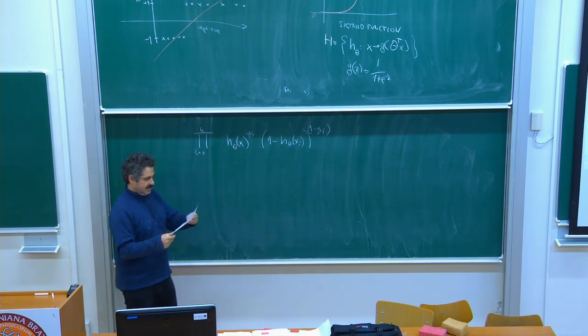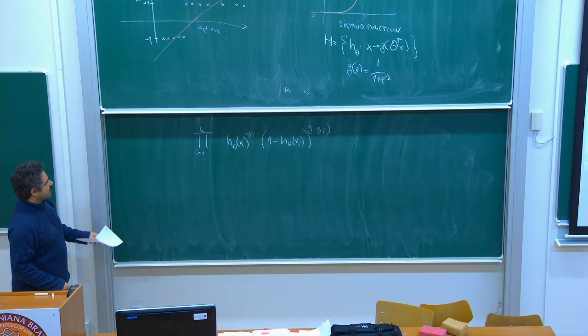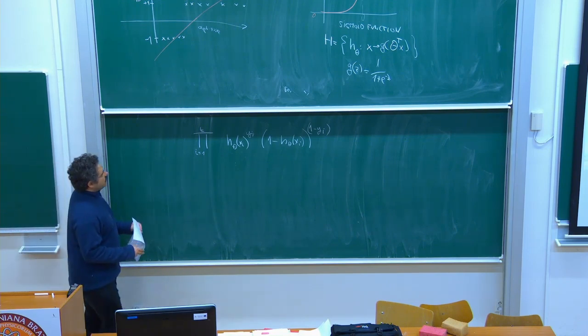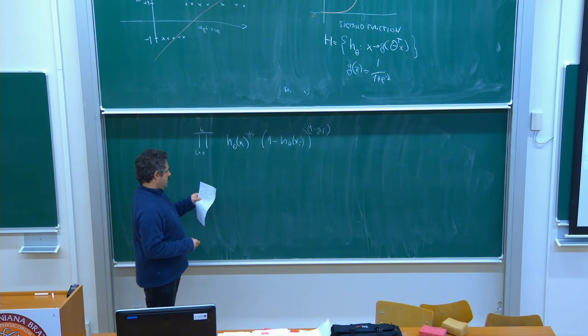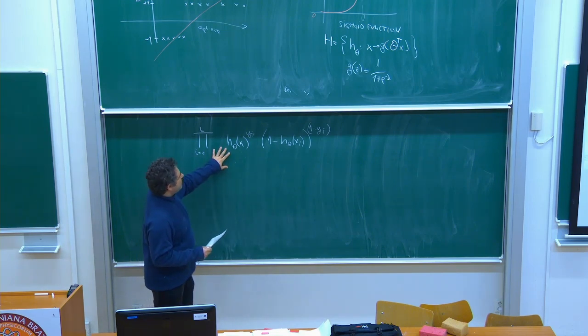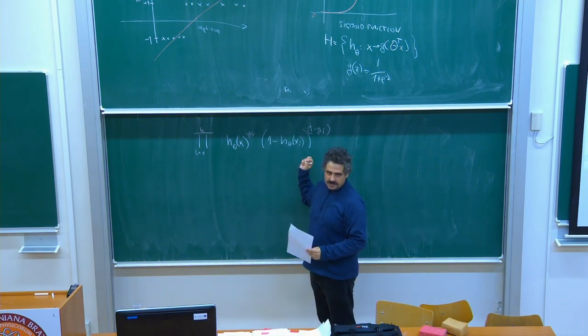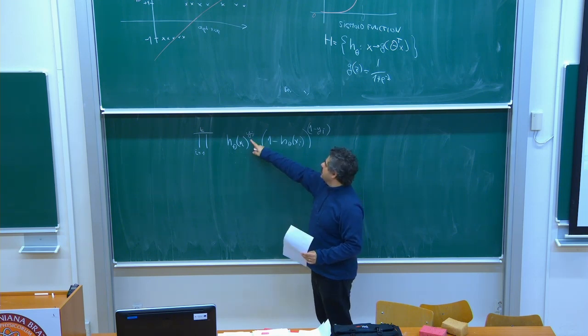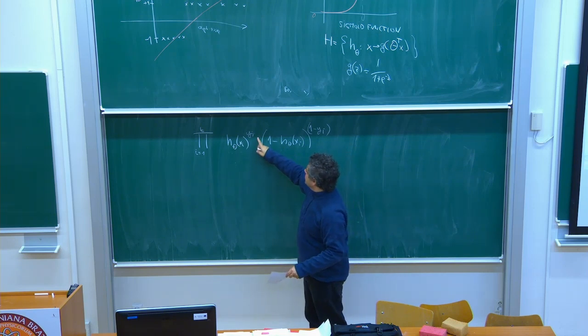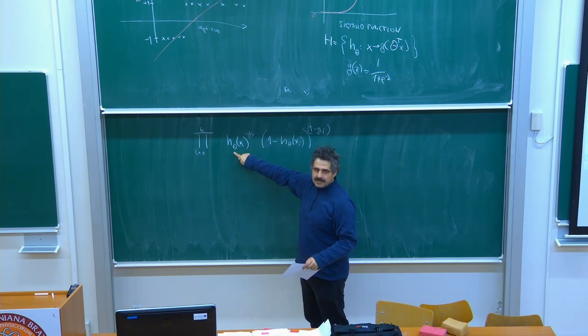So what is this actually? It is the probability of getting the right choice. Because if I should buy the apartment, I'm multiplying by the probability that I said I would buy the apartment.